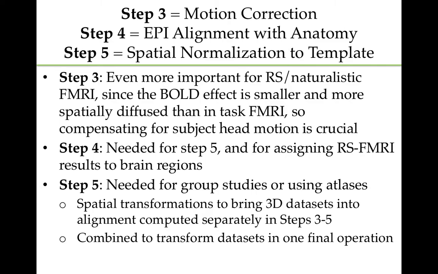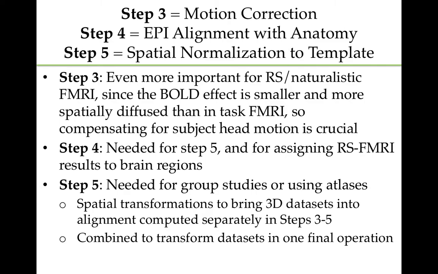Once we have that done, then we have volumes that have supposedly been shifted in time to the same origin. Then we want to shift them in space so they're all aligned. That's step 3. We have this sequence of volumes in time, and we do the alignment through time. And this is really important in these naturalistic or resting state fMRI because the bold effect is smaller than in focal tasks. And so good compensation for subject head motion is critical.